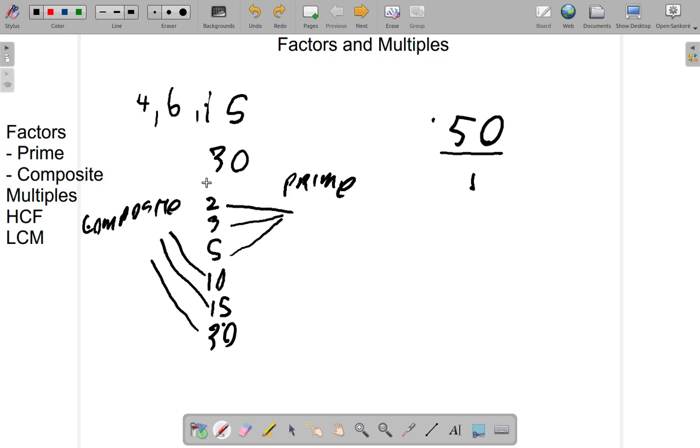Alright? Now, let us look at the factors of 50. 1, there's 2. 2 can go into 50. Not 3. What about 4? No. What other factors of 50 are there? List them and tell me what you get.